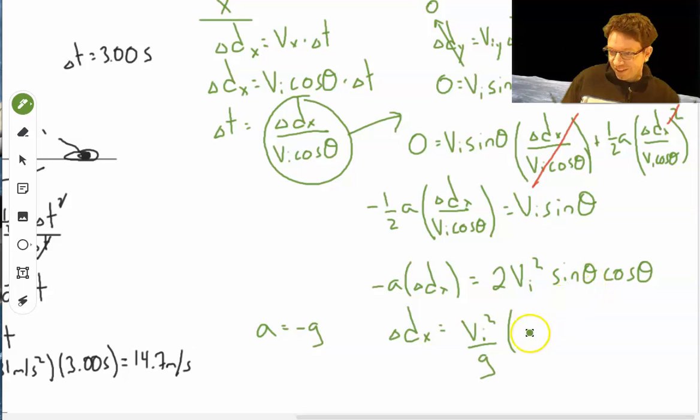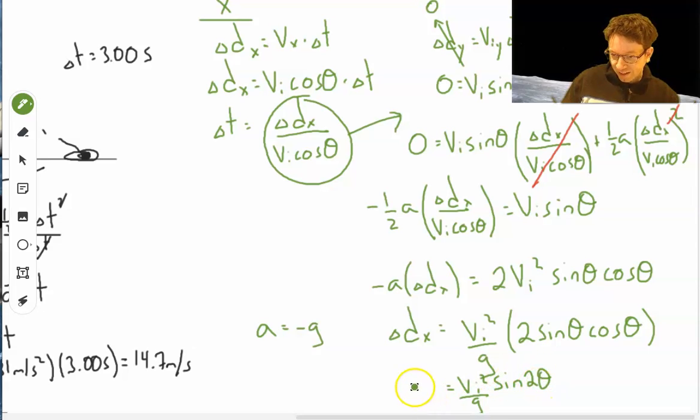I'm purposely moving the 2 next to the sine and cosine because, I don't know if you've seen this in math before, this is a trig identity, where 2 sine theta cos theta is the identity for the sine of 2 theta. So this is a range equation.